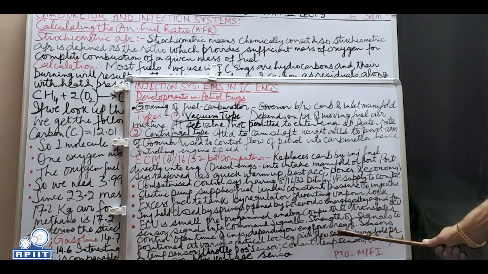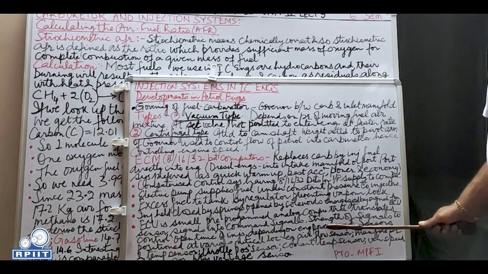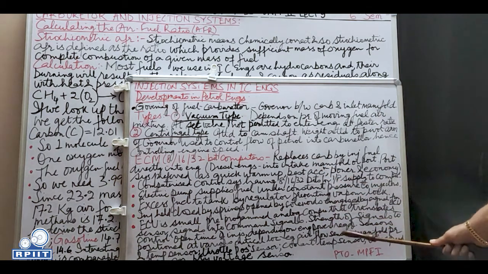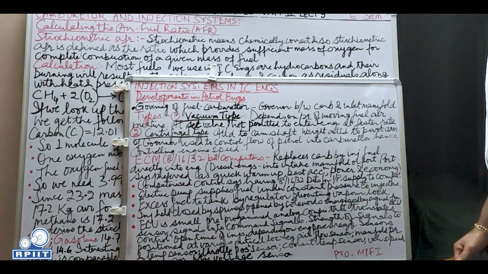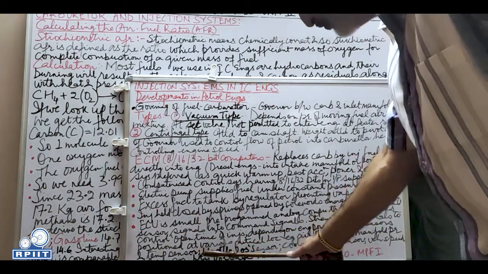Example, the airflow sensor is at the outlet of the air cleaner, which sucks the air. Manifold pressure and temperature sensor is at the inlet of the manifold. It will sense the pressure and temperature and send the signal to the ECU.